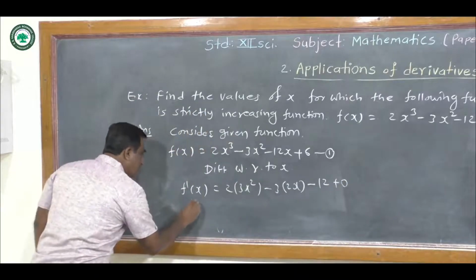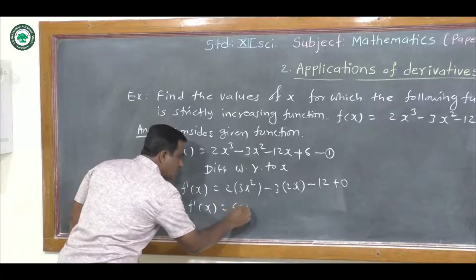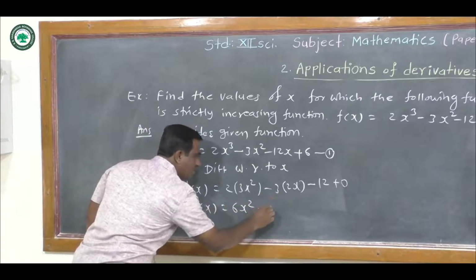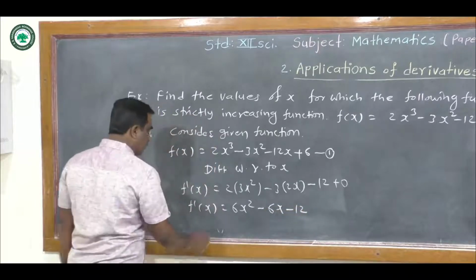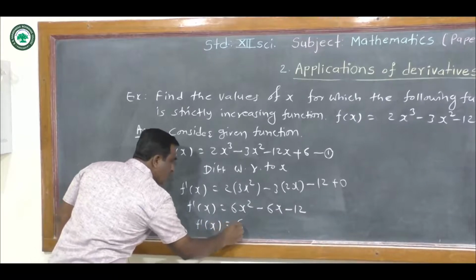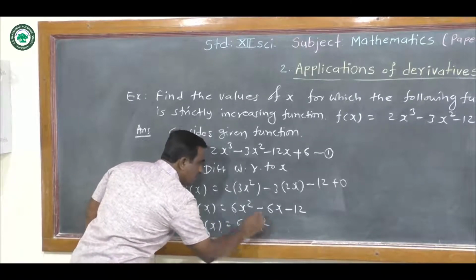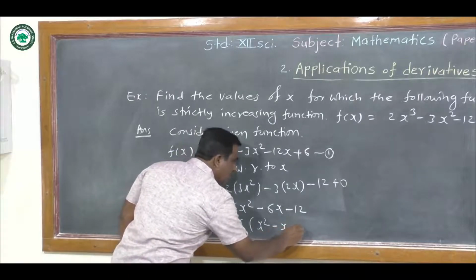That is, we get f dash of x is equal to 6x square minus 6x minus 12. We can take 6 common here. f dash of x is equal to 6 into (x square minus x minus 2).